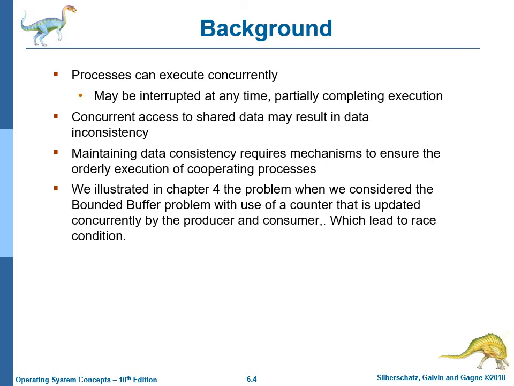Previously, we already discussed that processes can execute concurrently or in parallel. We already know that in an operating system, a process can execute concurrently and work in parallel. This means one process may only partially complete execution before another process is scheduled.